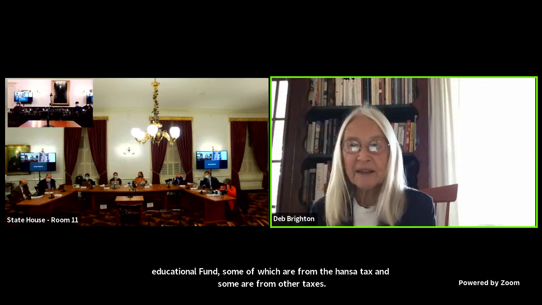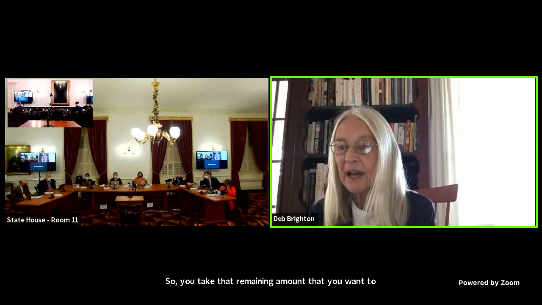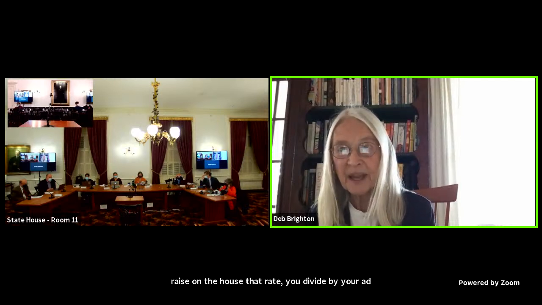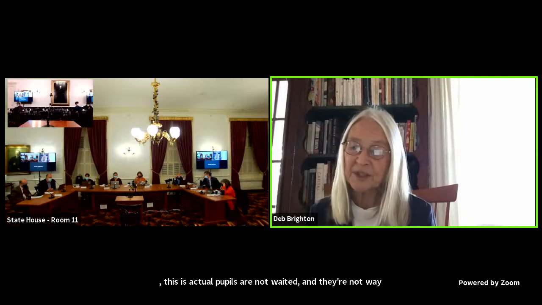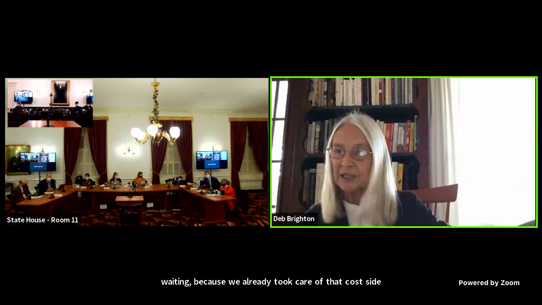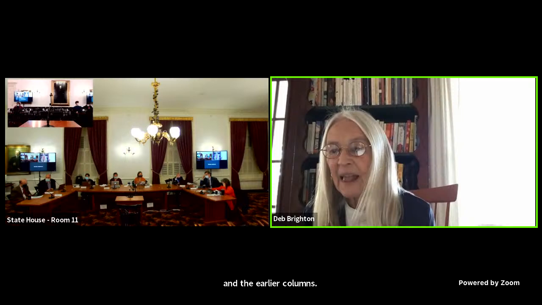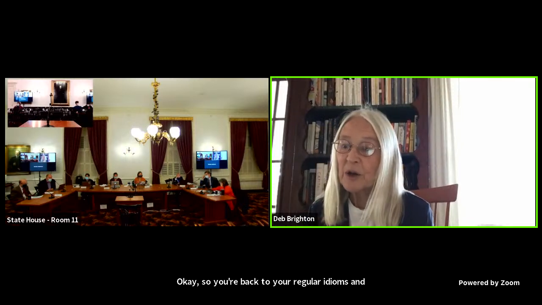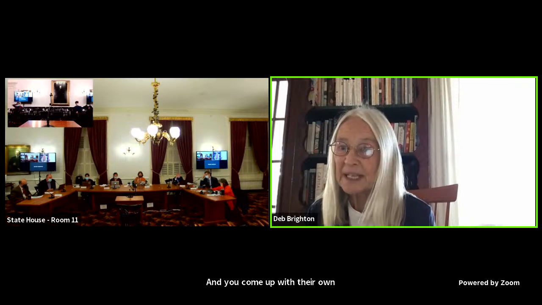So you take that remaining amount that you want to raise on the homestead rate, you divide by your ADMs. This is actual pupils, they're not weighted. And they're not weighted because we already took care of that cost side in the earlier columns. Okay, so you're back to your regular ADMs and you come up with your homestead rate, just the way it is now.